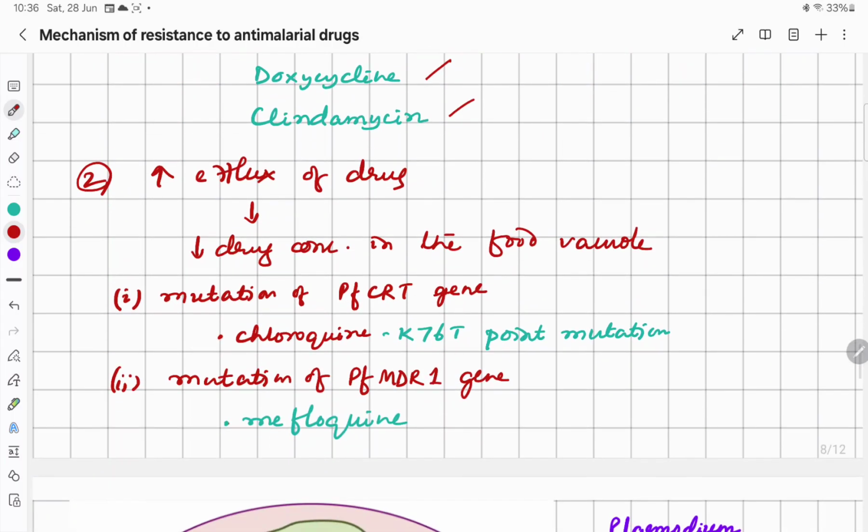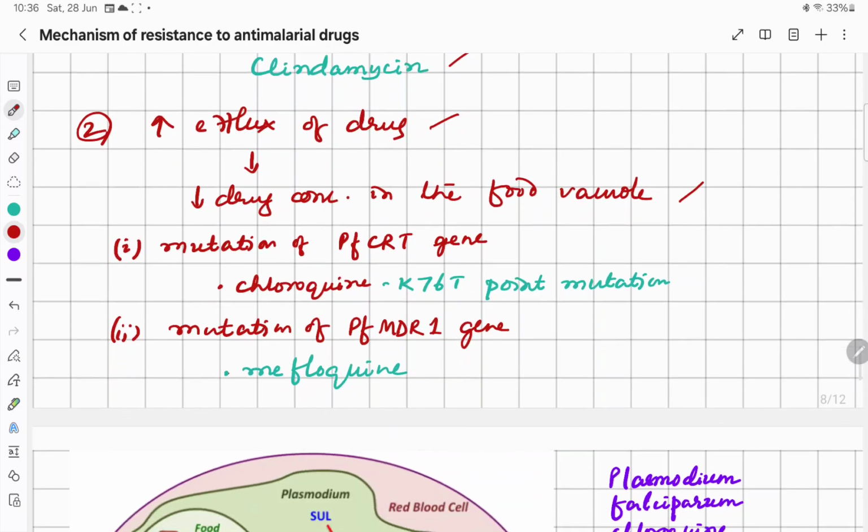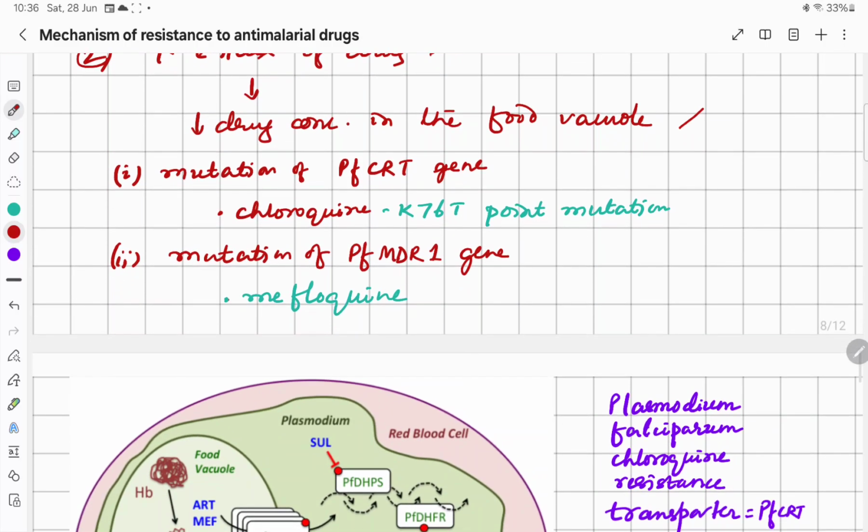Then there are drugs for which resistance can be produced by increasing the efflux of the drug. The malarial parasite increases the efflux of the drug and decreases the drug concentration in the food vacuole, and this is done by the mutation of two genes. One is the PfCRT gene, that is Plasmodium falciparum chloroquine resistance transporter gene, and here resistance to drugs like chloroquine occurs by a single point mutation K76T.